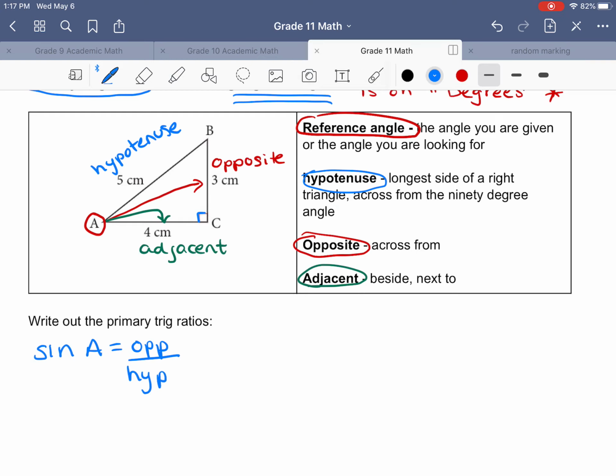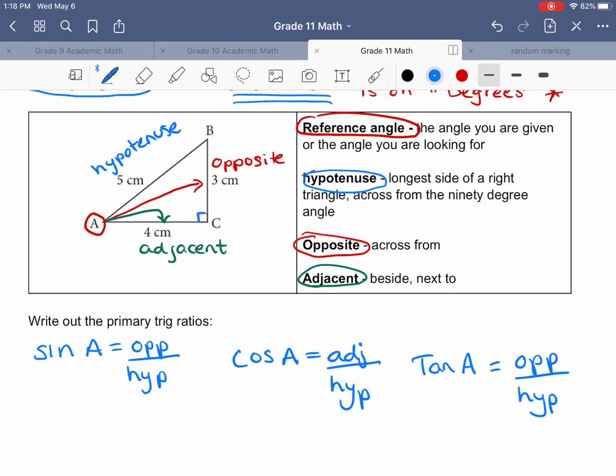And I'm not going to write out the full word, I'm just going to use a short form there. The cos of our reference angle A is equal to the length of the adjacent side over the length of the hypotenuse. And the tangent, and we're just going to write tan, of our reference angle A is equal to the length of the opposite side over the length of the hypotenuse.